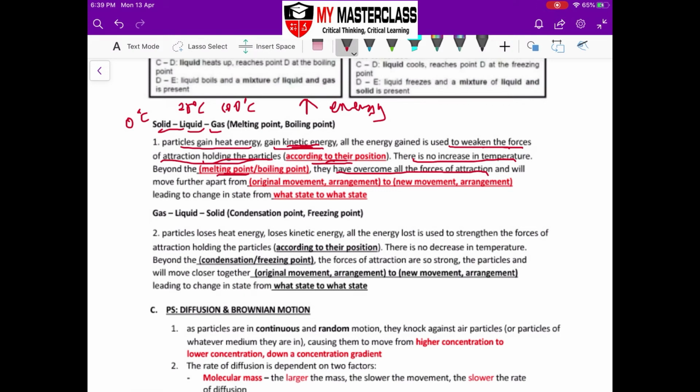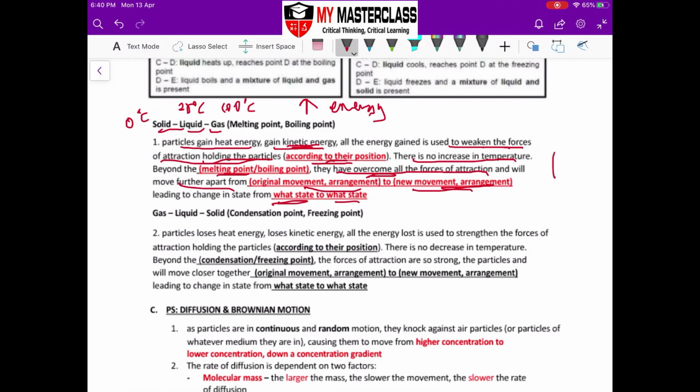Once it hits 1 degree, that's beyond the melting point. Beyond the melting point, all this attractive force has been weakened. They have overcome the attractive force, and then they will start to move further apart from vibrating about fixed positions to sliding in layers, leading to a change in state from solid to liquid.